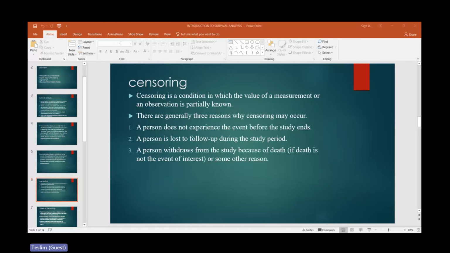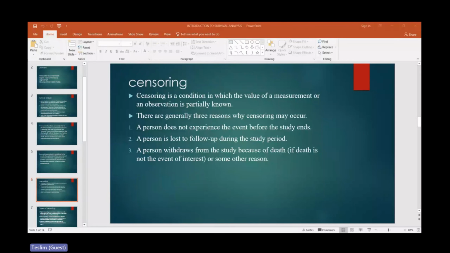One, a person does not experience the event before the study ends. For example, we want to study the time at which 10 experimental rabbits die after administering a particular drug to them. Let's say the time frame for that study is a month.